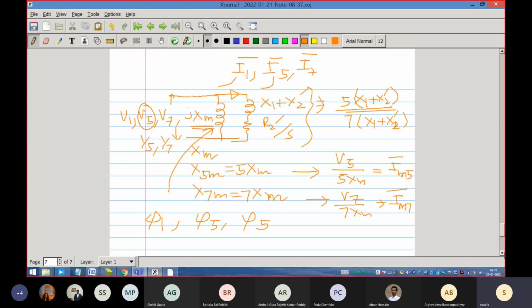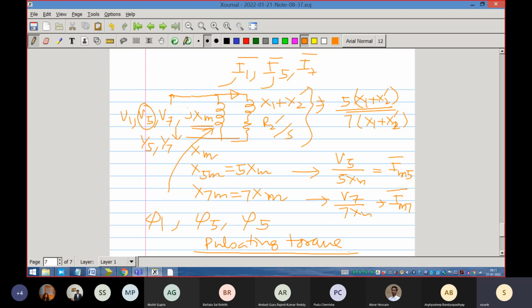This is what is called pulsating torque. Therefore, they produce pulsating torque in the machine because the frequencies are not the same. Therefore, the angle between them is always varying with respect to time. Okay, so I will stop here.